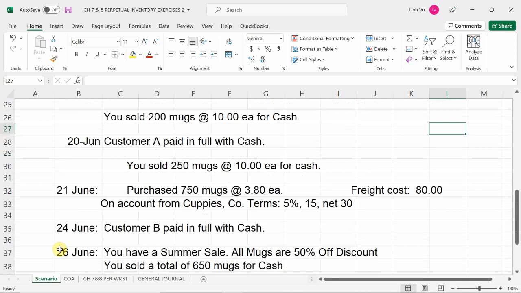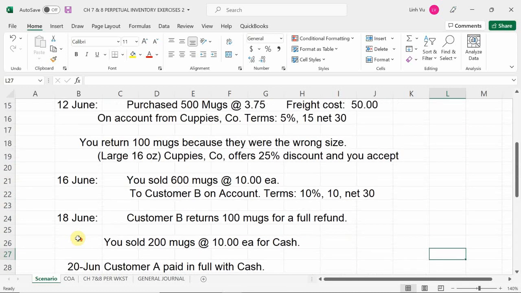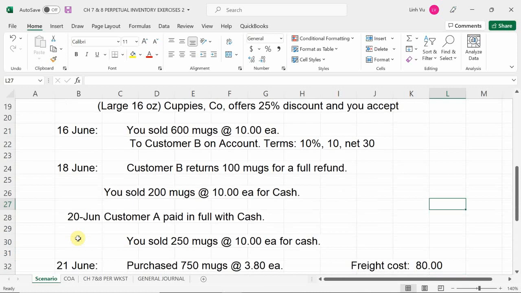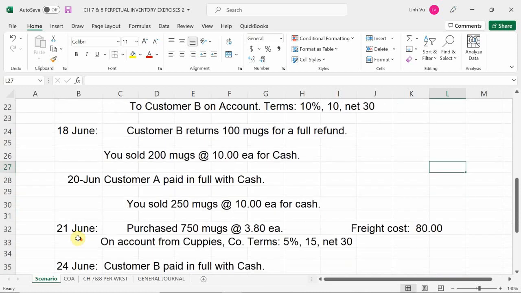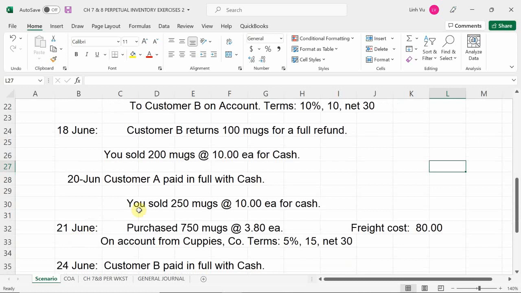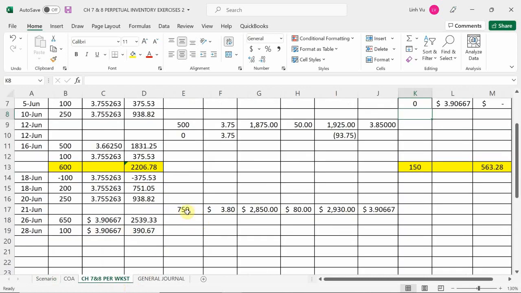Now let's take a look at my transaction here for the last batch of inventory. On the 21st, we purchased 750 mugs for $3.80 each, with a freight of $80. If I take a look at my inventory worksheet, since I don't want to calculate that by hand, 750 times 3.80 gave me a total of $2,850. That's how much I purchased it for. The $80 extra is my freight, which I can't discount.